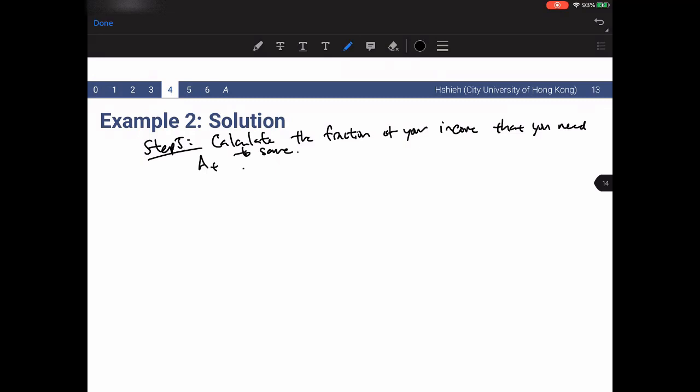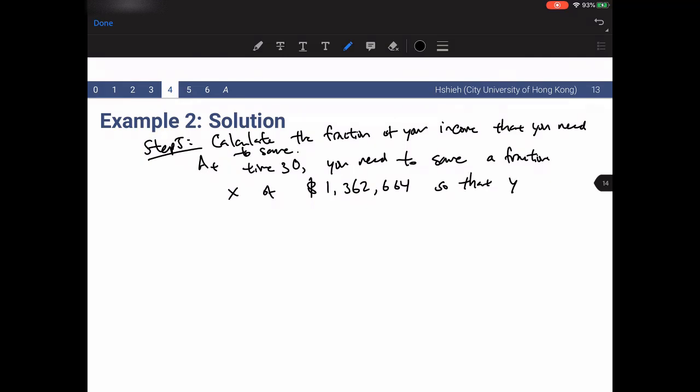So at time 0 or at time 30, you need to save a fraction, let's call it x, of 1,362,664 so that you have enough to afford $127,755, which is what our retirement package costs.